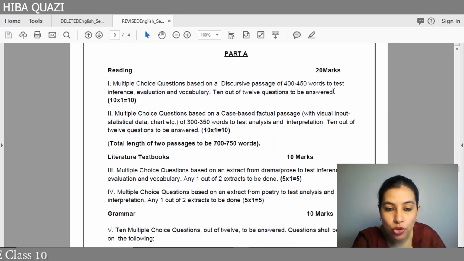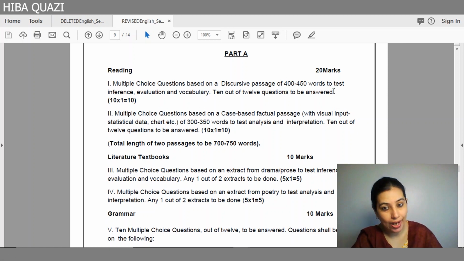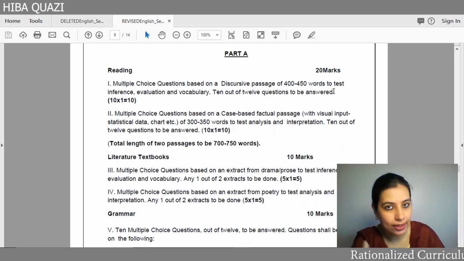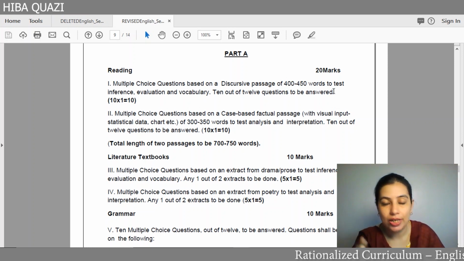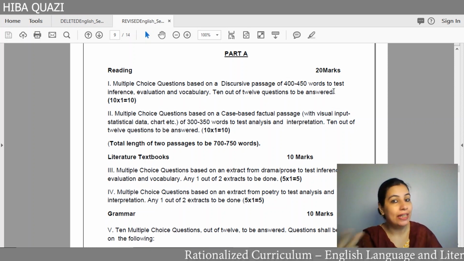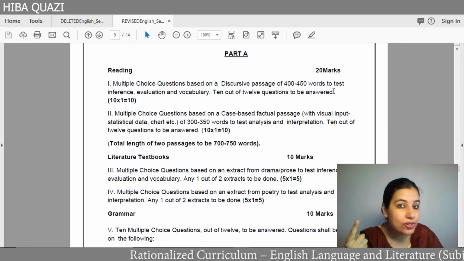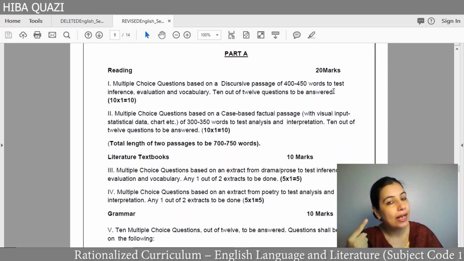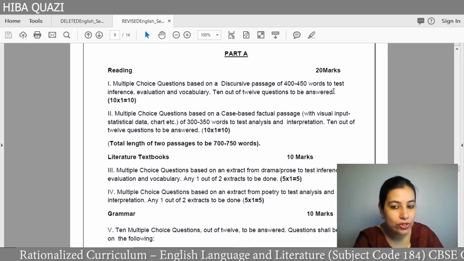So again, multiple choice questions based on an extract from drama or prose to test your inference, evaluation and vocabulary. Any one out of 2 extracts to be done. So there will be 2 extracts given from prose or drama from any one of the textbooks, and you need to select any one extract. Again, it is MCQ based questions.